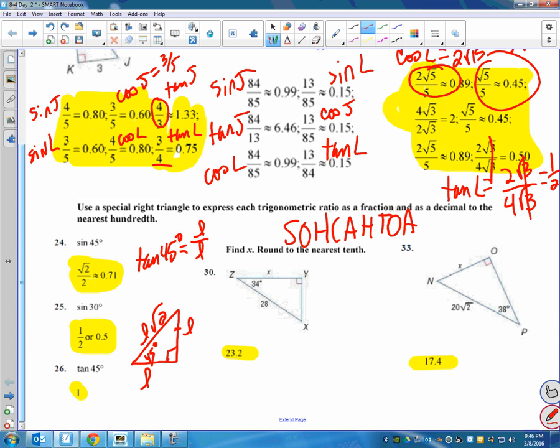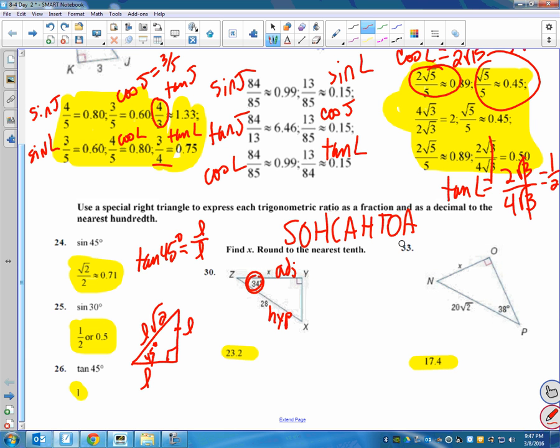So, like on number 30, if I use 34 degrees as my angle, the side I want, right, it's not the opposite, because over here's the opposite, so the side that's x, that's the adjacent side, and then the other side I know is the hypotenuse, so you can't use sine, because we don't know the opposite side.